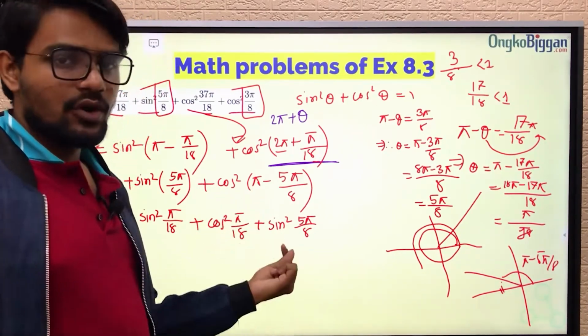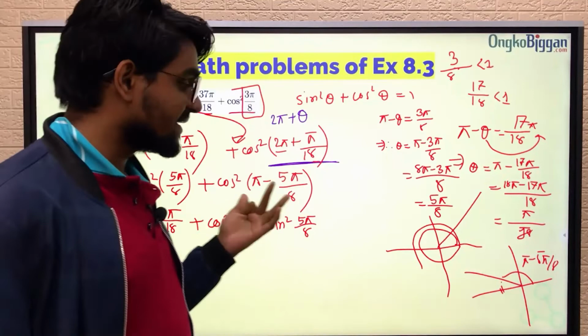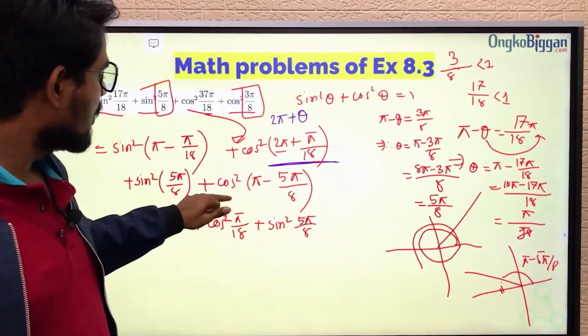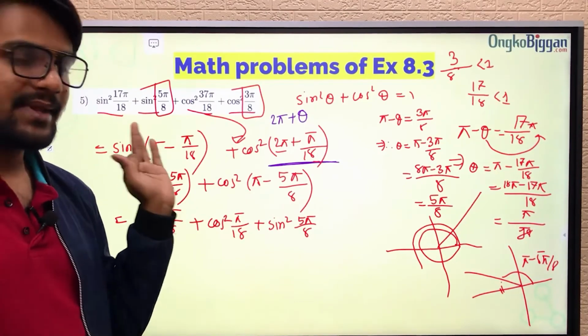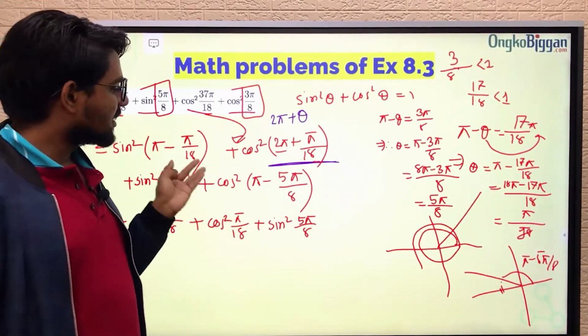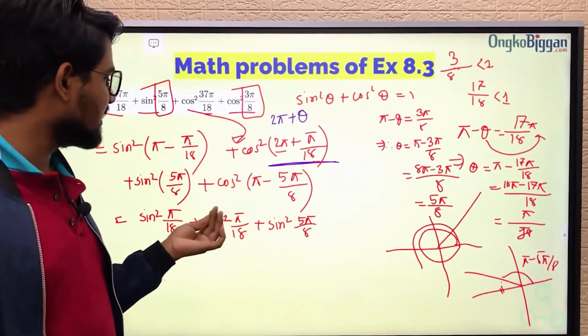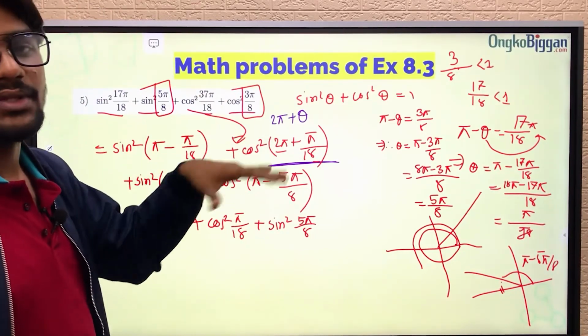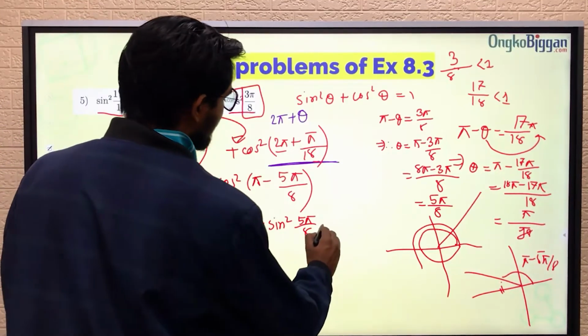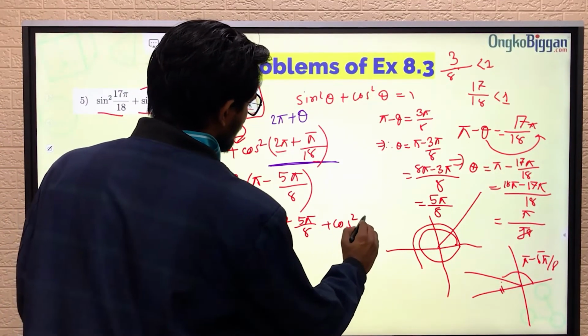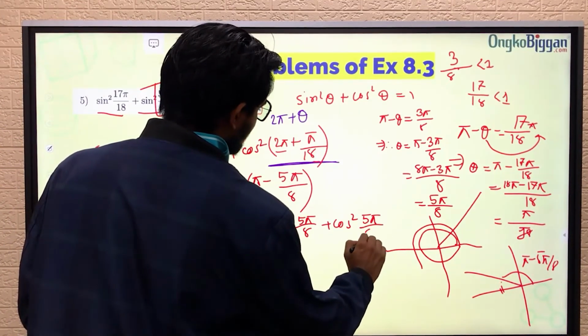The value of cos will be negative in the second quadrant, but luckily we have a square here, so for cos square pi minus 5 pi by 8, the value of cos will not be negative because the square cancels the negative sign. So we can directly write cos square 5 pi by 8.